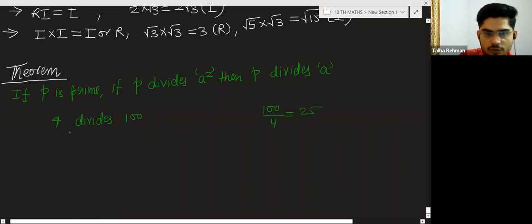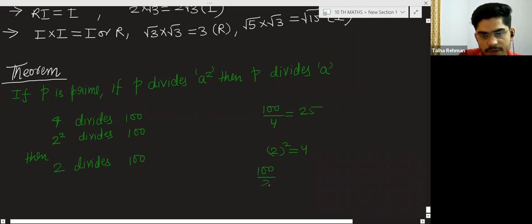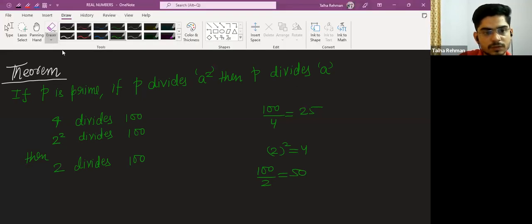A square means 2 square equal to 4, so 2 square divides 100, then we can say 2 will also divide 100. You can check this: 100 divided by 2 equal to 50. This is the theorem.